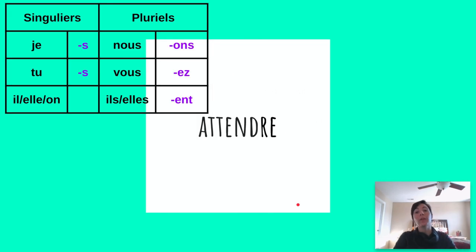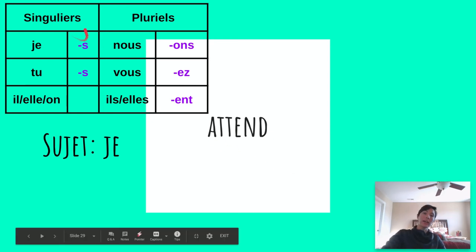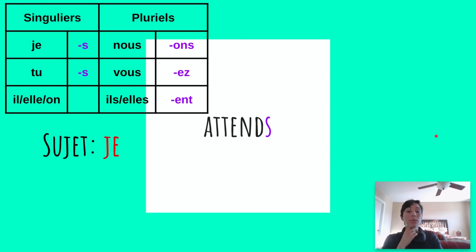So let's practice. Attendre, to wait for. This verb is an RE verb, so I'm going to drop my infinitive ending as my first step for conjugating a regular verb. Drop that RE. Then we have the stem of attend. If my subject is je, I'm going to add an S. Oh, actually, there's something special that happens with this verb and je, because attend starts with a vowel, A-E-I-O-U-Y, or H in French.